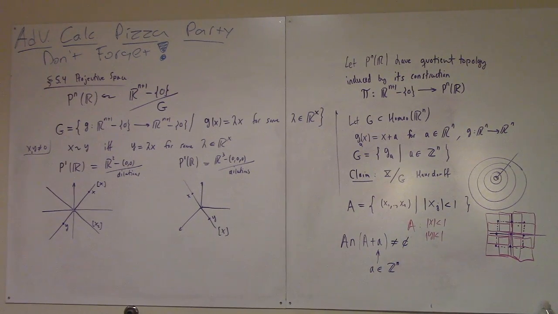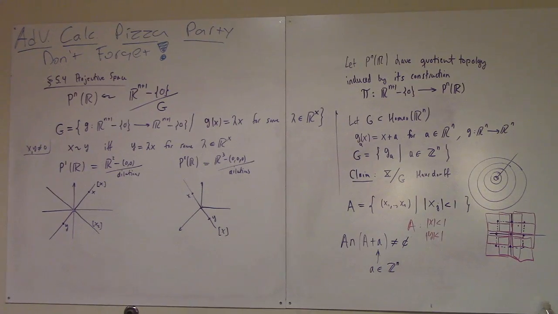So again, can you tell me what a typical open set looks like? Do we even have the right mental picture yet for projective space? You can try to understand it in terms of sets in the original space, but that might not be the right mental picture for the projective space.